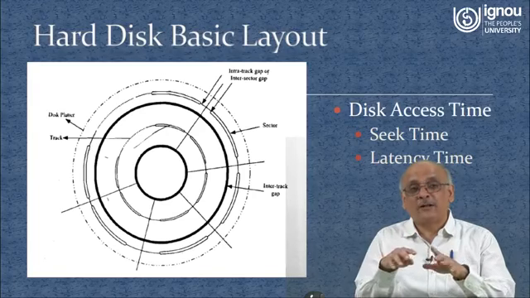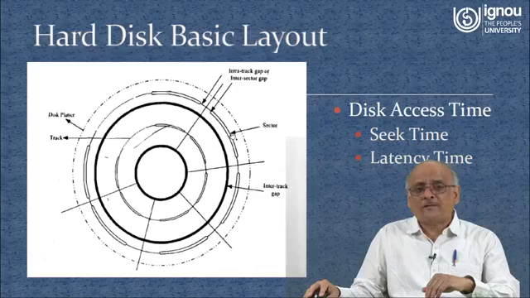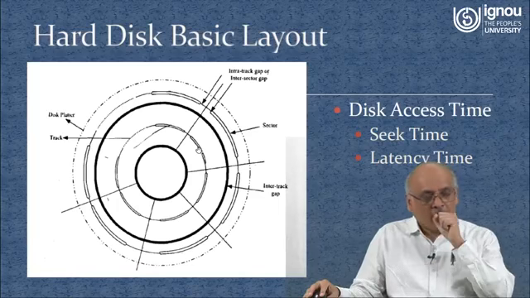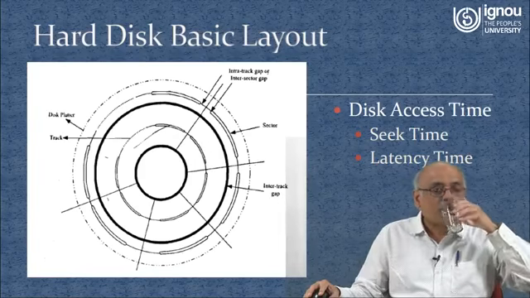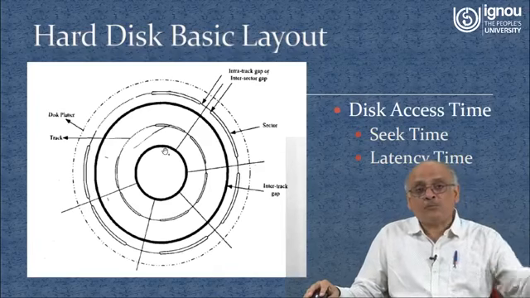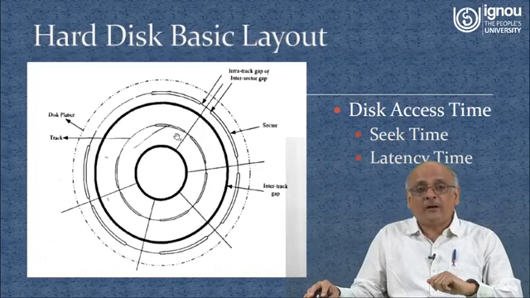Now, what is the time of access of a particular disk? The first thing is seek time. Obviously, when I am referring to a disk, I have to move from one track to another. My data may not be on this particular track; my data may be on a different track.